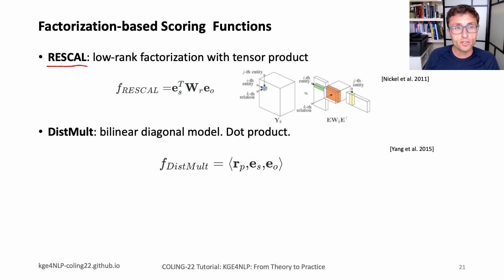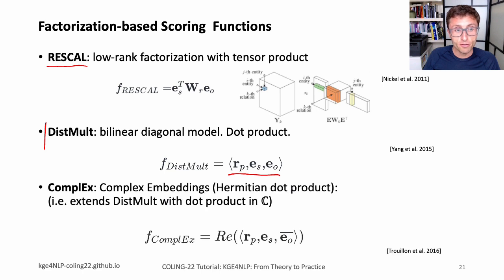There is then another factorization-based technique called DistMult, which is a pretty popular model as well. It's a bilinear diagonal model that leverages the dot product. It's a pretty simple scoring function, but very effective. The model was proposed in 2015.